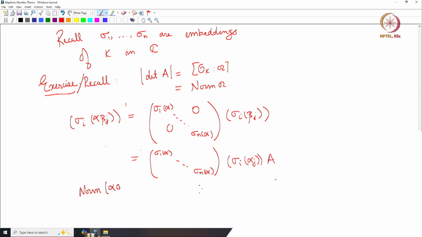The norm of alpha A, which is also the index of alpha A in OK, is the mod of the determinant of A times this diagonal matrix. But what is the determinant of that diagonal matrix? That is simply the norm of alpha.